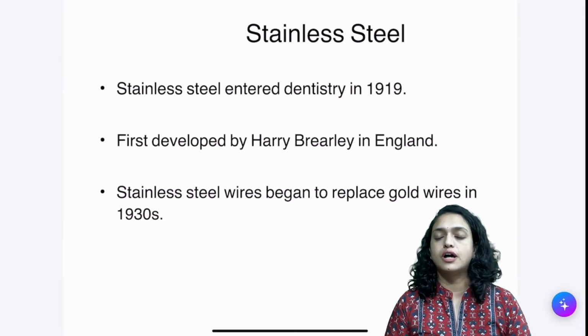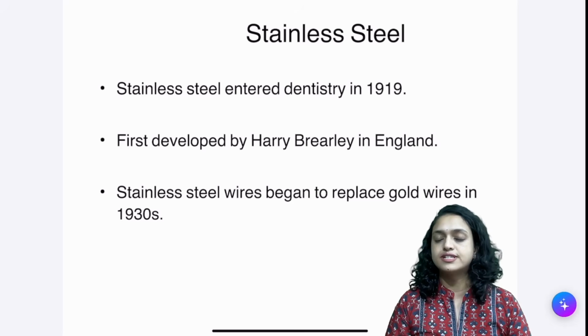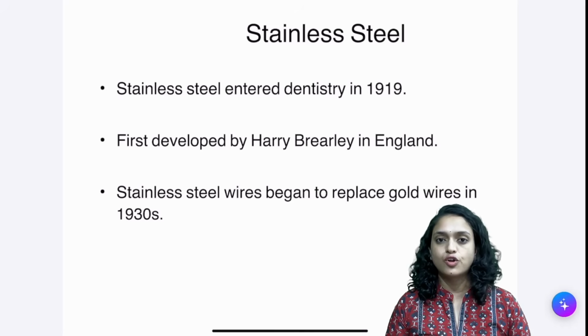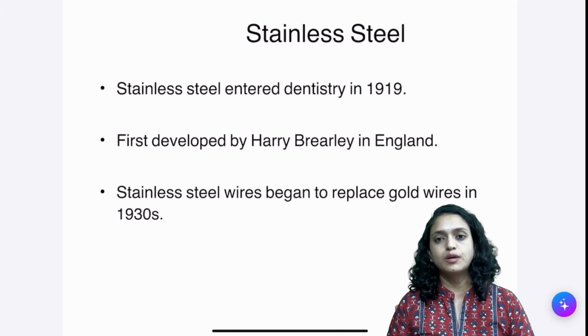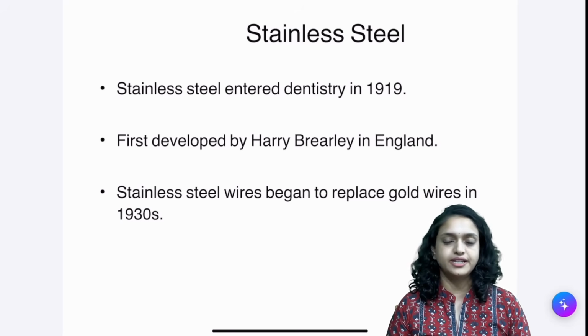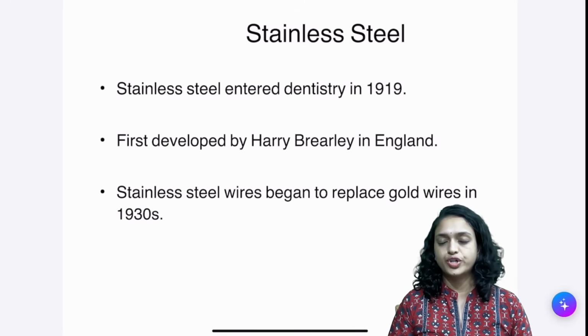One is the arch wire, the wire that you place in the patient's mouth. Brackets are made of stainless steel. Your clasps, and the wire that you use for wire bending, are stainless steel wire. Your orthodontic pliers are made of stainless steel. So you need to understand this material a little bit so that you can apply it efficiently during your treatment.